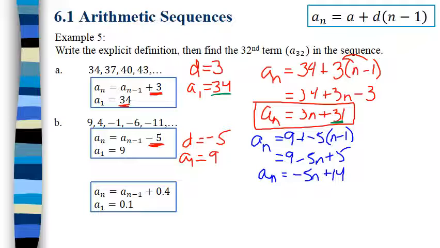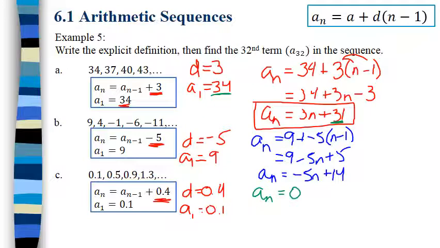Okay, let's write the explicit formula for the next one. The common difference again was 4/10, so d equals 4/10. A sub 1 is 1/10. If we put that in the formula, we get a sub n equals 1/10 plus 4/10 times n minus 1.